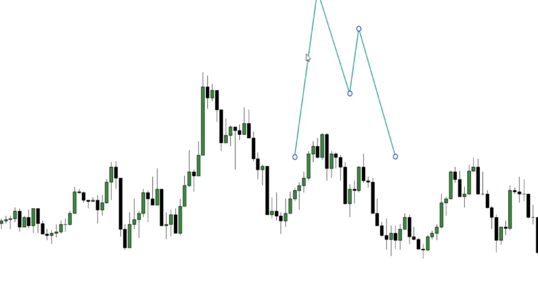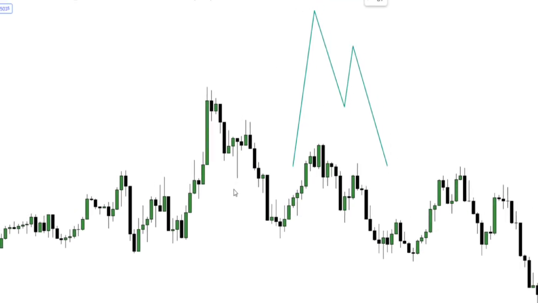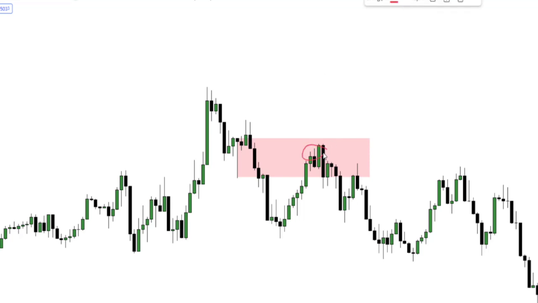So as price came back, what is your mitigation block here? In this regard, you will look for the last sell candle that price printed, and that becomes your mitigation block. So as soon as price comes back to that place, it gives you an opportunity to sell. It quickly ran away from that place, and you can see how a bearish mitigation block forms.